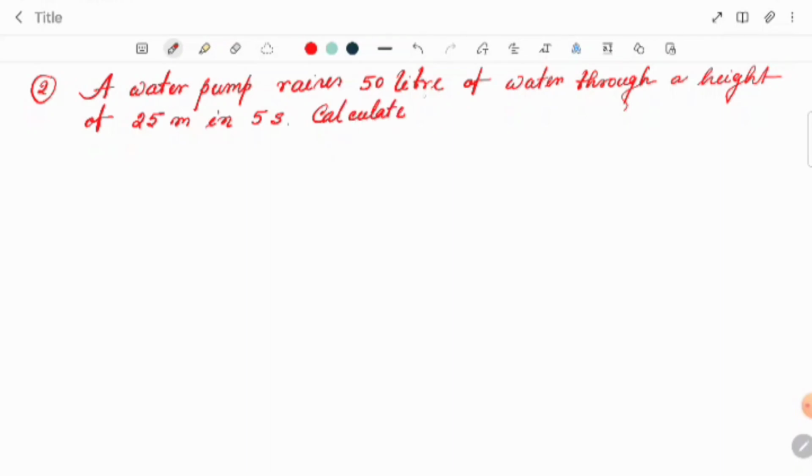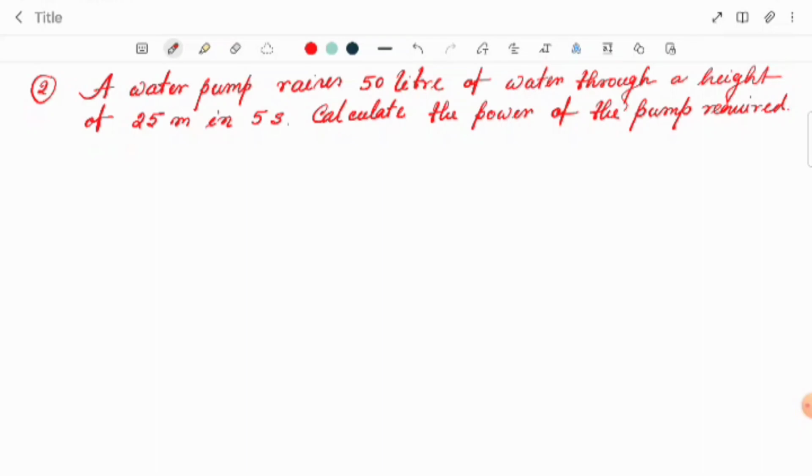Calculate the power of the pump required.